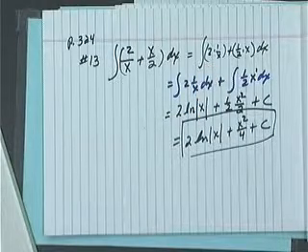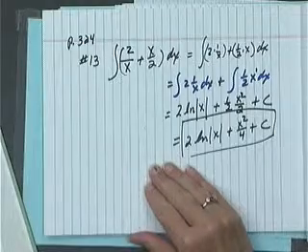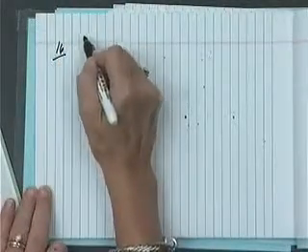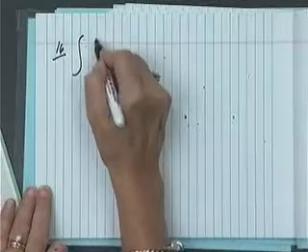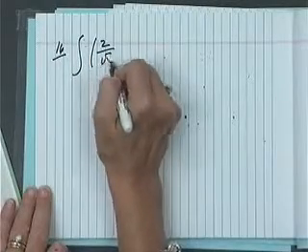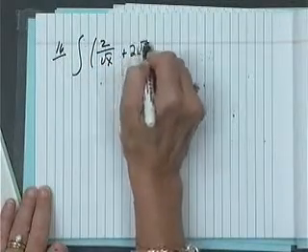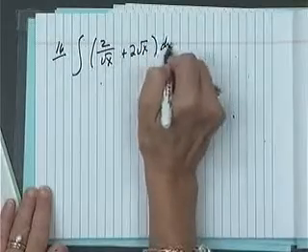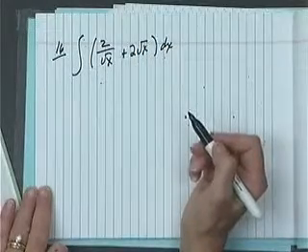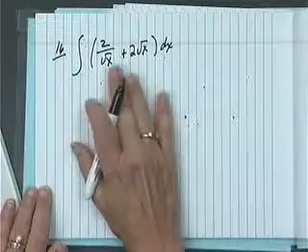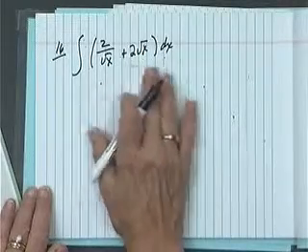Okay, so that was 13, and the next person said they needed 14? 16 or 17, okay? We'll look at both of them because integration is extremely important. 16, we have 2 over the square root of x plus 2 square roots of x dx. Did you want to break it down into two integrals?